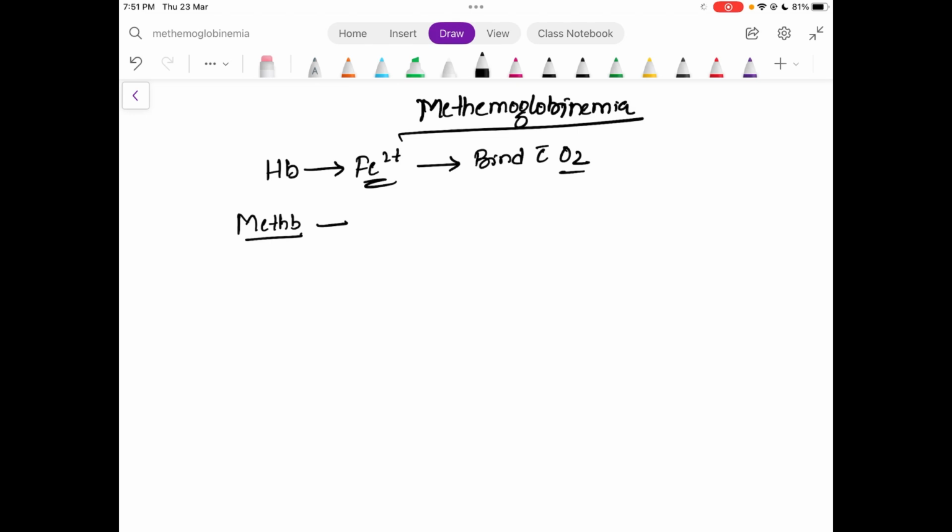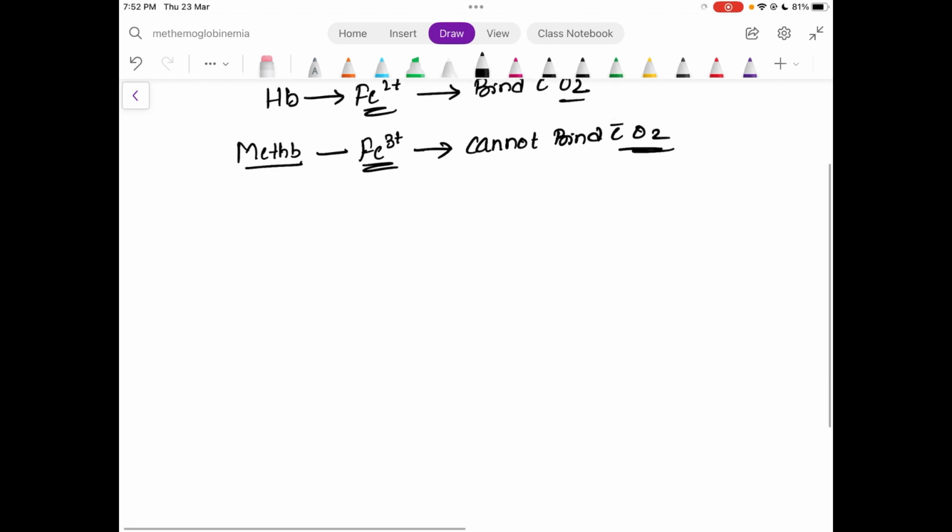But in methemoglobin, instead of Fe2+, they will have Fe3+. There will be an oxidation of Fe2+ to Fe3+, and this Fe3+ cannot bind with oxygen. And this decreases oxygen carrying capacity to the tissues.